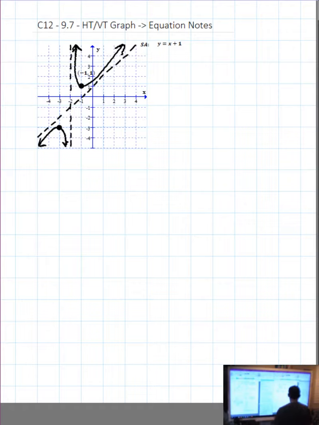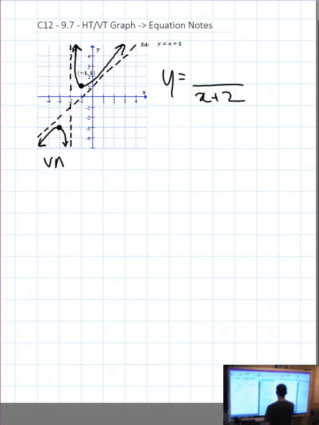So the slant asymptotes are a little bit more difficult. Y equals over. So we want to start by putting our vertical asymptote on the denominator, x plus 2. If the vertical asymptote is at x equals -2, x plus 2 goes on the bottom.